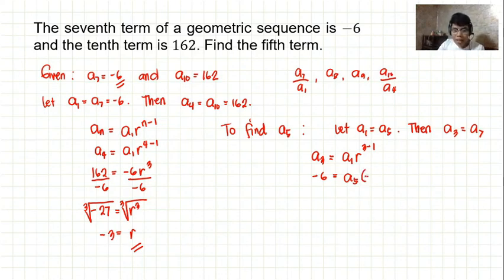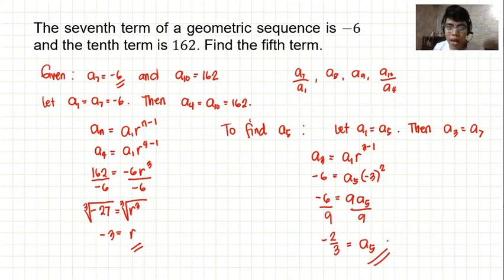Our r is negative 3 raised to 2. So negative 6 equals negative 3 squared, which is 9, times a sub 5. Dividing both sides by 9 to solve for a sub 5, we have negative 2/3 equal to a sub 5. And this is now our final answer for number 4. I hope that is clear.